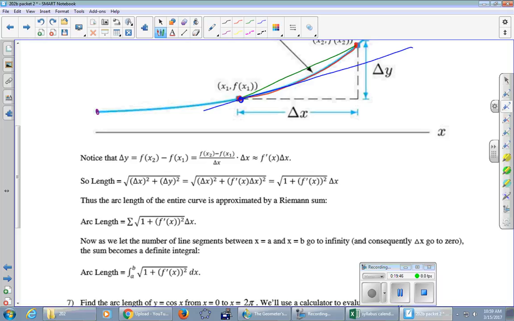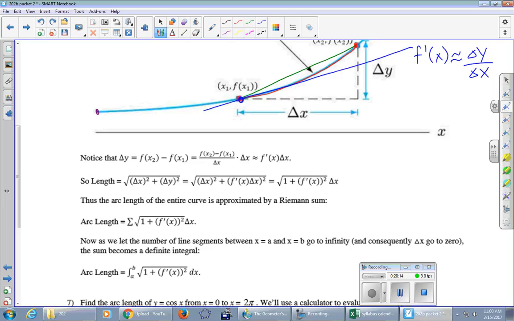They're pretty close together. And again, if my points were really near each other, then the approximation would be better and better. So we could say that the slope of the tangent line is roughly equal to, what's the slope of the green in terms of these symbols here? Delta y over delta x, right? That's just a basic slope of a line. Okay, so they're approximately equal to each other.